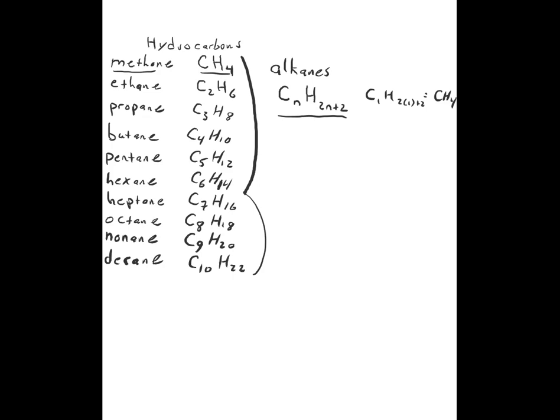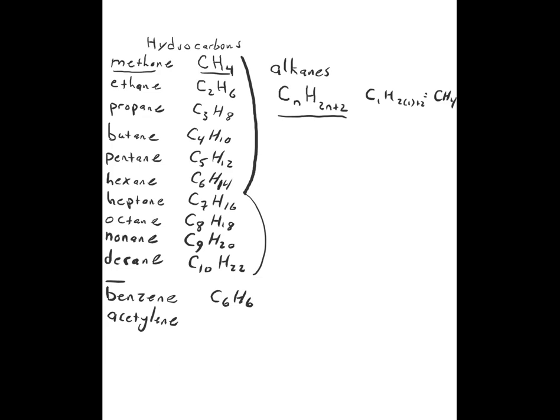Those are examples of hydrocarbons. Other examples, you may have heard of this one, is called benzene. Benzene is C6H6. Benzene is famous for various reasons. Another example, acetylene. Acetylene is used in what they call torches. It's called an acetylene torch. It's used for welding.